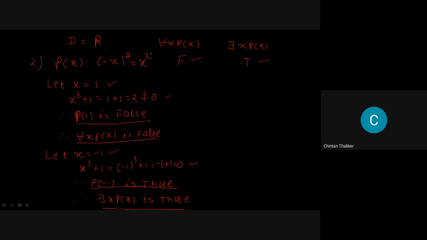Now find out the value of for all x p(x) and there exists x p(x) for this statement. The domain is the same, R, the real number set.